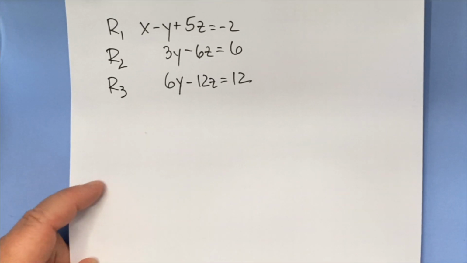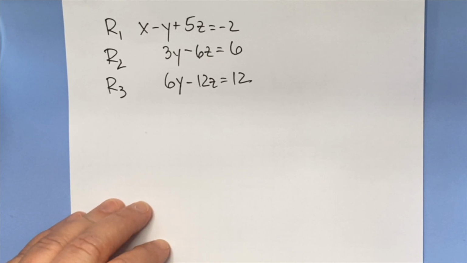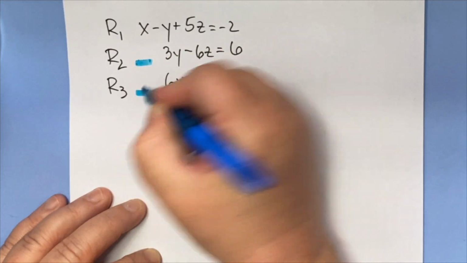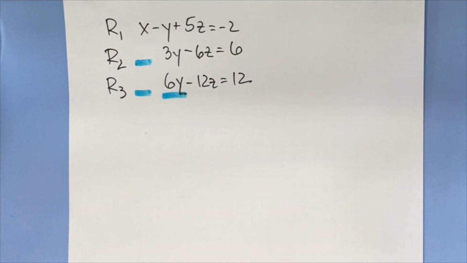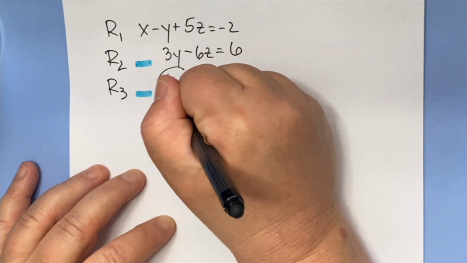It's just one where we're going for triangular form. Remember, triangular form has a 0 here, a 0 here, and then another 0 there. And so I want to get rid of this.